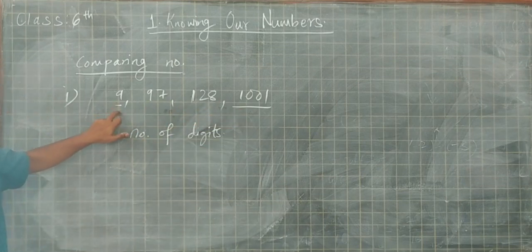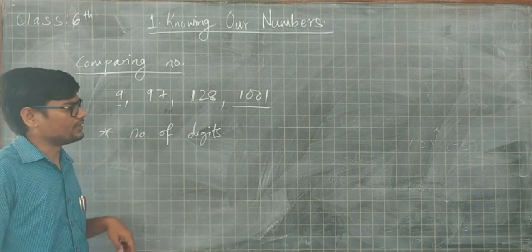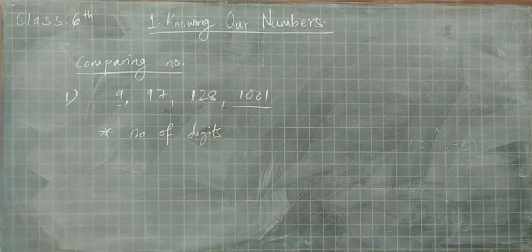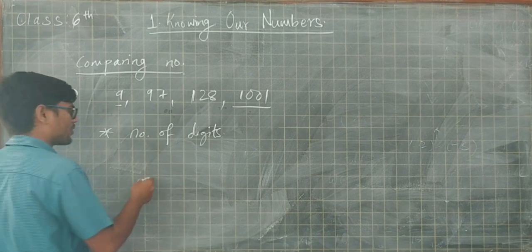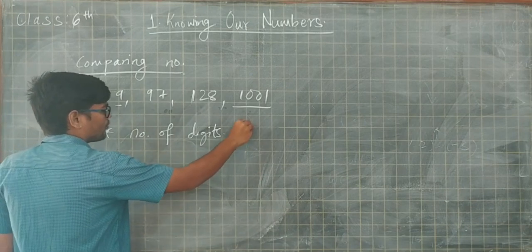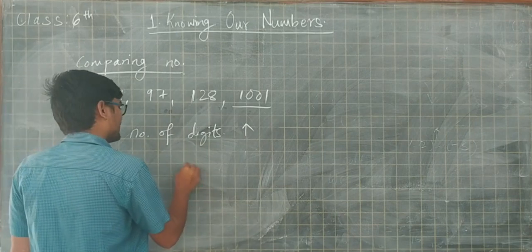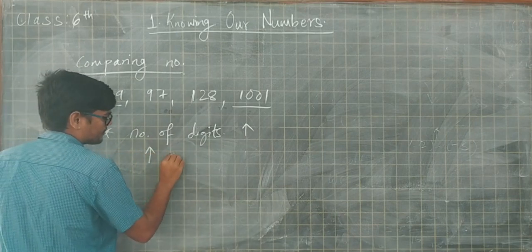Look here, this is a single digit number, this is a 2-digit number, 128 is a 3-digit number, and this is a 4-digit number. So greater the number of digits, greater will be the number.